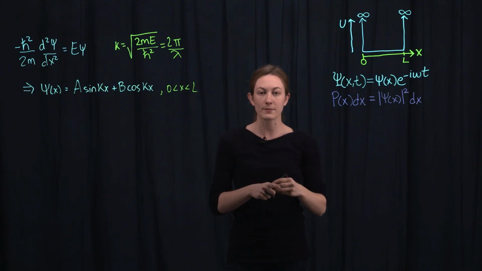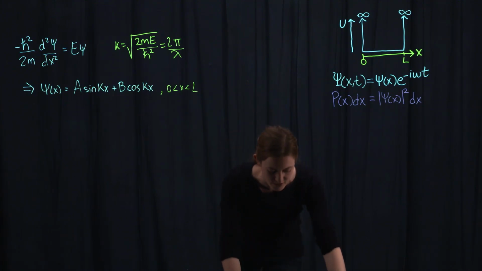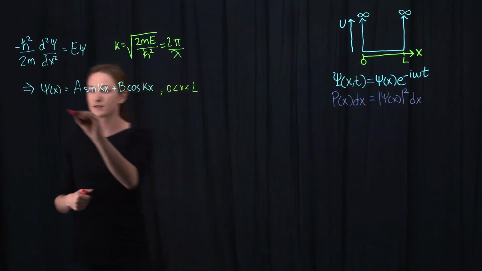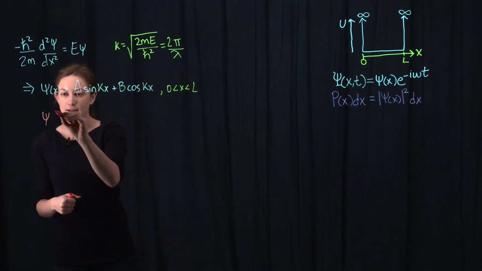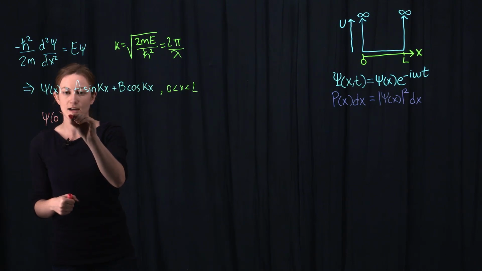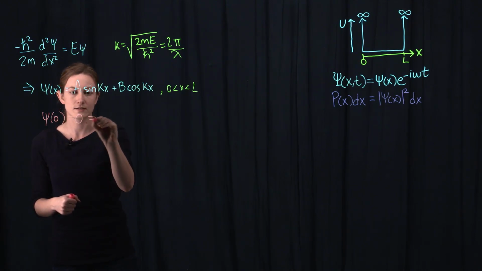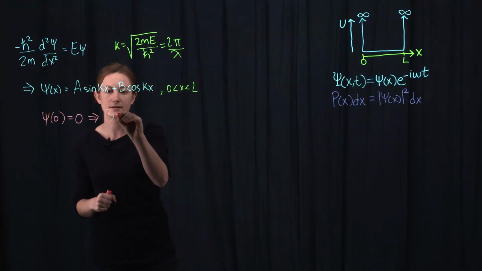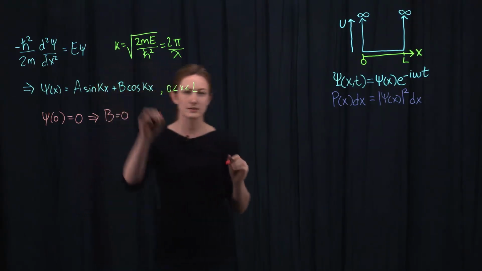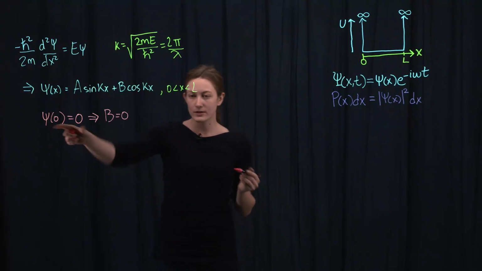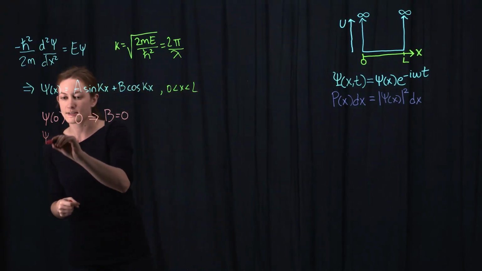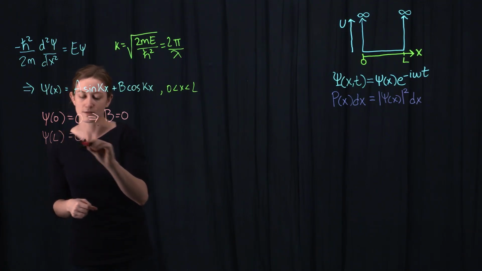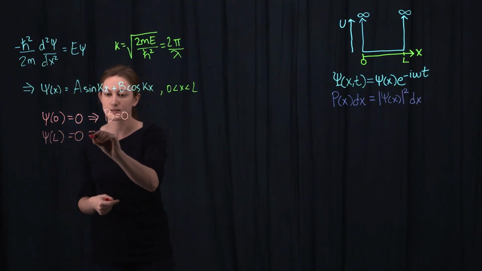Next, we need to apply continuity of the wave function at x equals 0 and x equals L. So continuity at x equals 0 says psi of 0 equals 0, which implies that B equals 0. So the cosine term goes away. Continuity at x equals L says psi of L equals 0, since the wave function is 0 outside of the box.